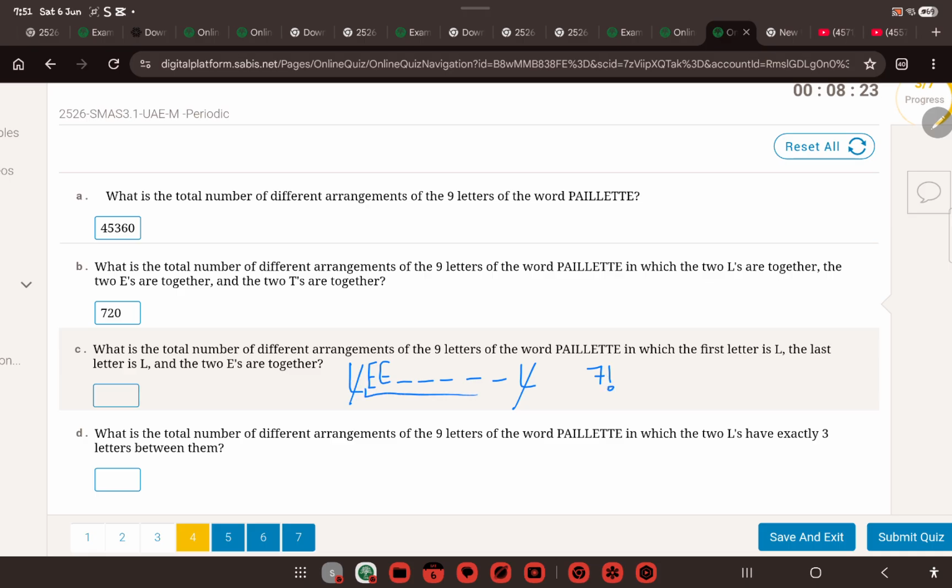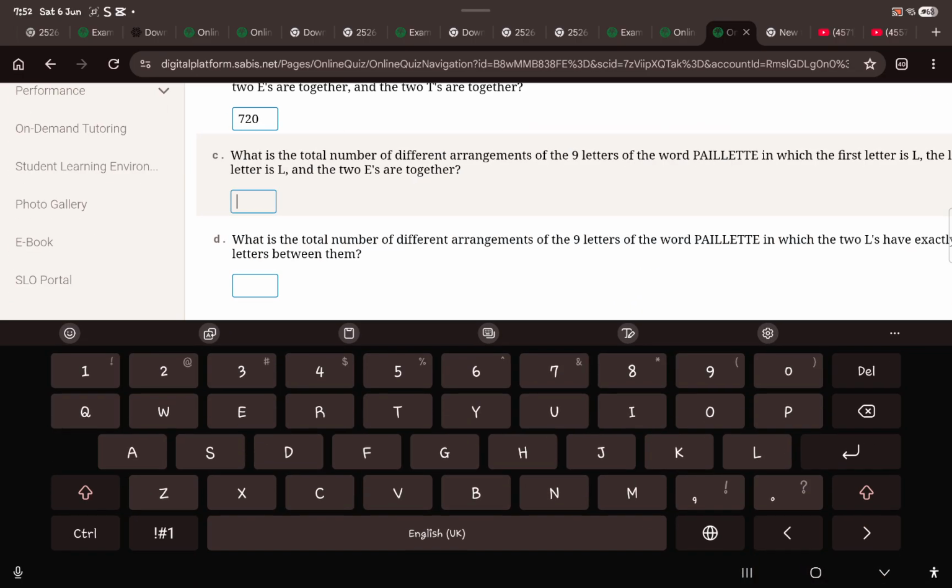Now we can apply the rule of 2 E's being together here, which is not 2 times, since E and E are the same letter, so we do n minus 1 factorial. So we get 6 factorial. Since the 2 L's are fixed and we've used up the 2 E's, we still have the 2 T's, so we divide by 2 factorial. We should get 360.